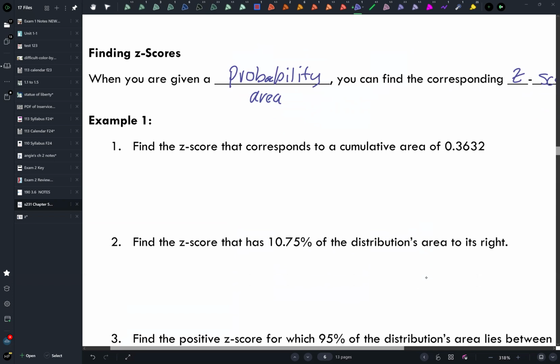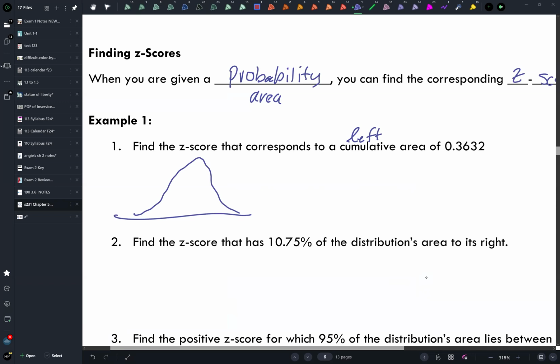So my cumulative area is 0.3632, and we remember that cumulative area just means my left area, and that's the area your chart gives you by default. So we know that my z-score has a left area of 0.3632. We're kind of working backwards on this one. Now, that's a really good normal curve.